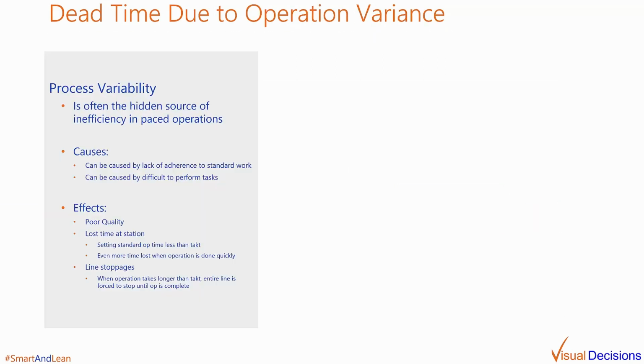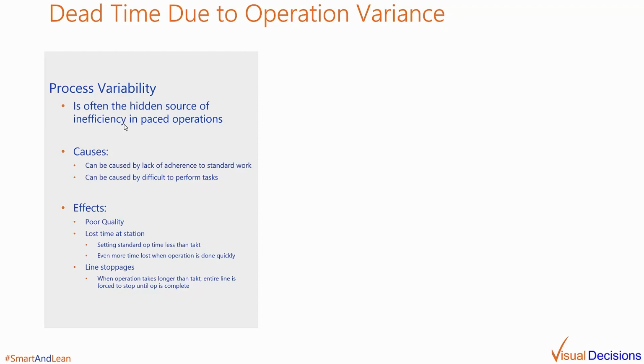Next, we'll look at the dead time that's created due to the variance within the operation itself. And when we look at process variability, it's very often the hidden source of inefficiency in paste operations. That can be caused by a lack of adherence to standard work. It could be caused by tasks that are difficult to perform, by variations in the material feeds, any number of different things.